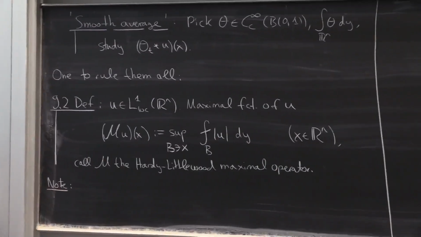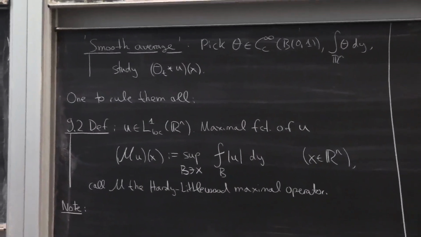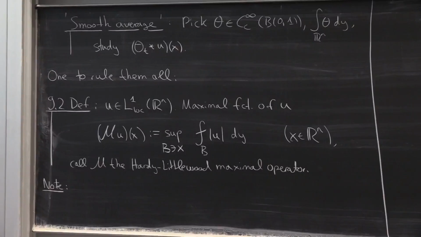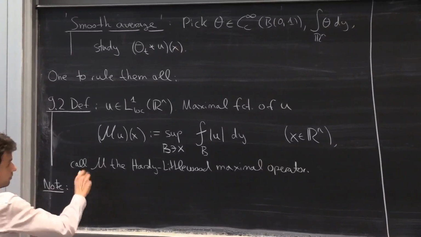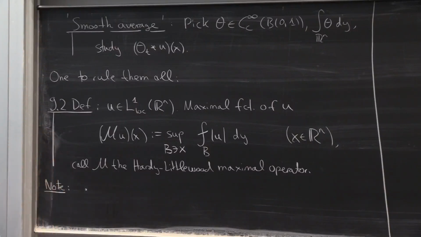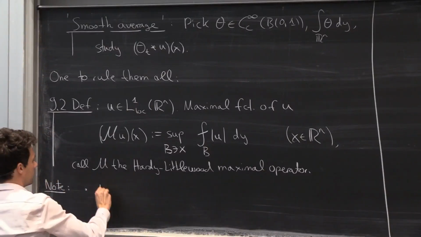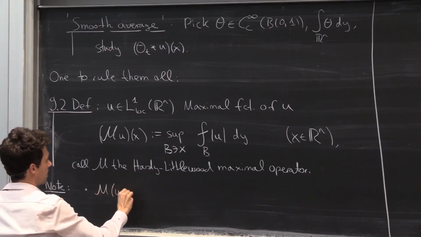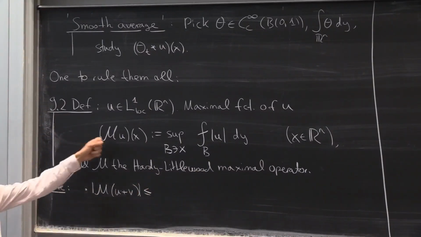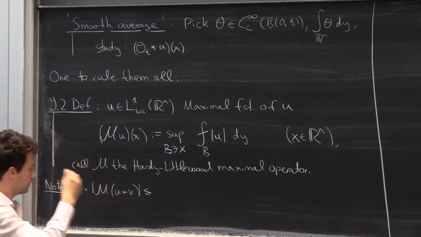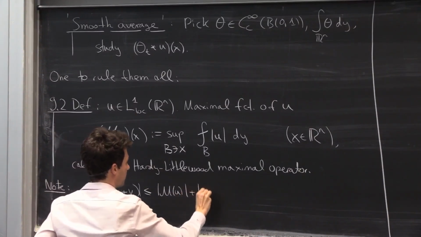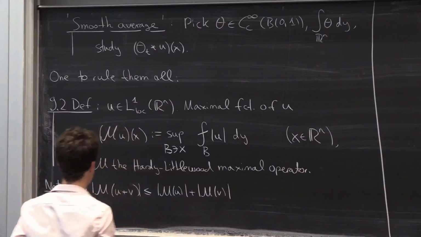And so in the first part of this lecture, we're going to see what this operator, this maximal operator, actually does to functions. Just a quick note, this follows basically by the triangle inequality. If I apply this operator to a sum of two functions, I can put absolute values or not, because this thing anyway produces non-negative quantities, then this is bounded by M of u plus M of v.